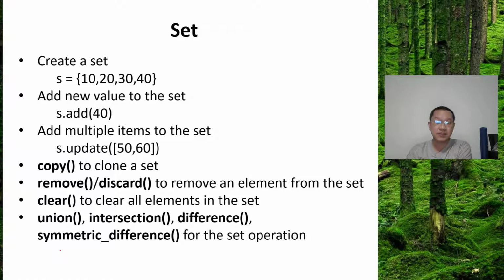Next data type, which is set. For a set data type, when you create a set, remember you will use curly brackets or curly braces. Okay, curly braces, separating the items inside the set by commas. So this is a set of 4 items. Assign this set to the variable name s.